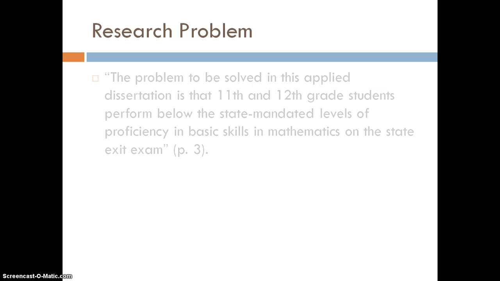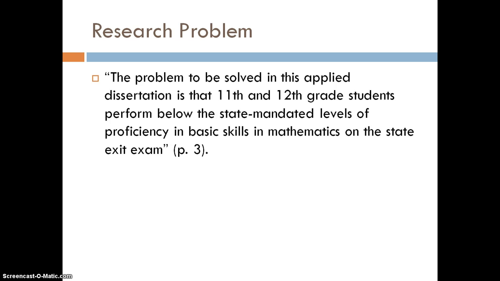So the research problem, as stated by her, the problem to be solved in this applied dissertation is that 11th and 12th grade students perform below the state-mandated levels of proficiency and basic skills in mathematics on the state exit exam. So her goal was to improve that performance.